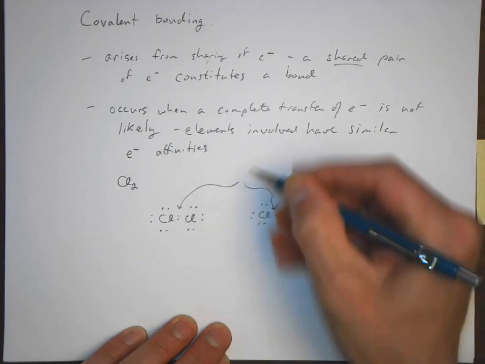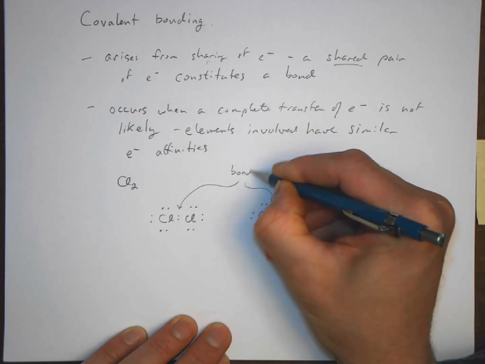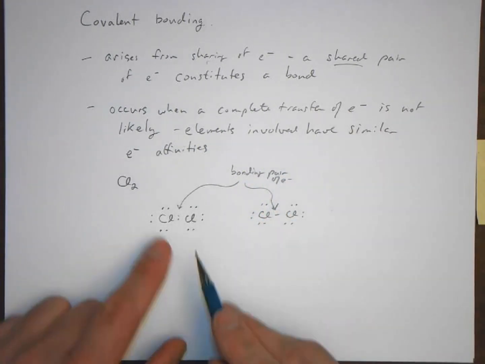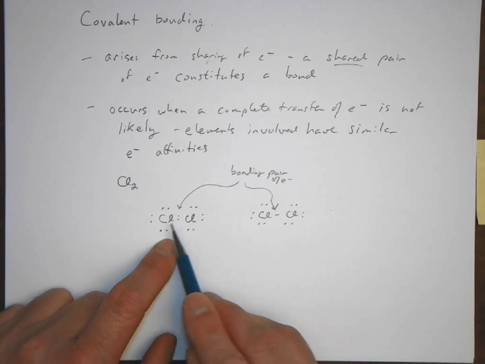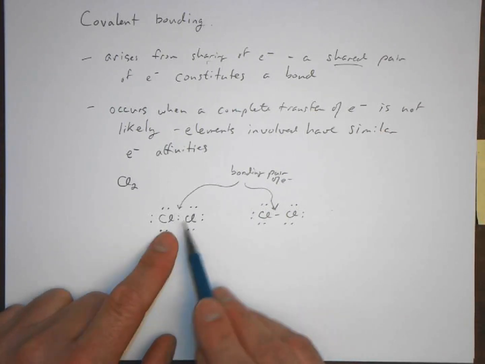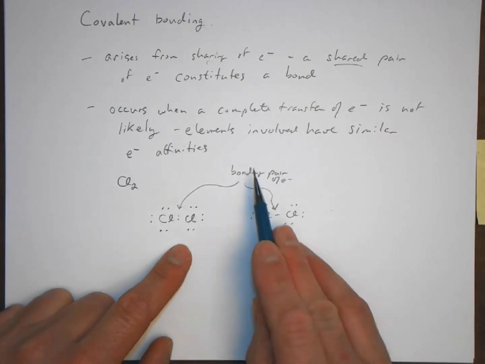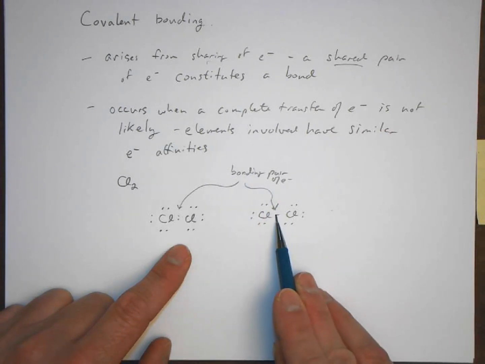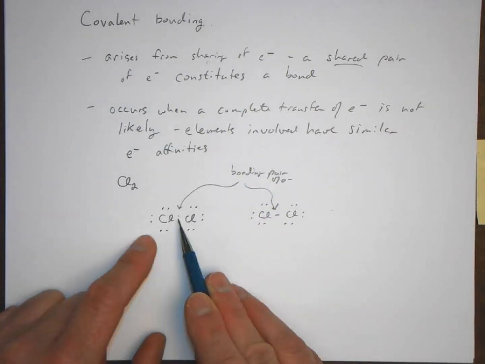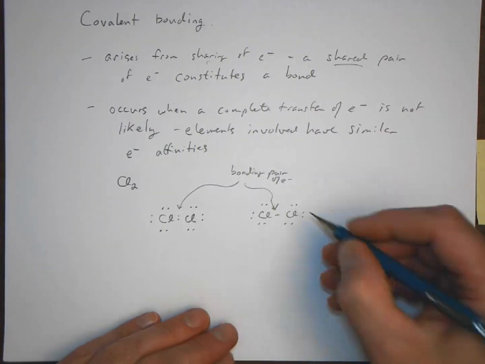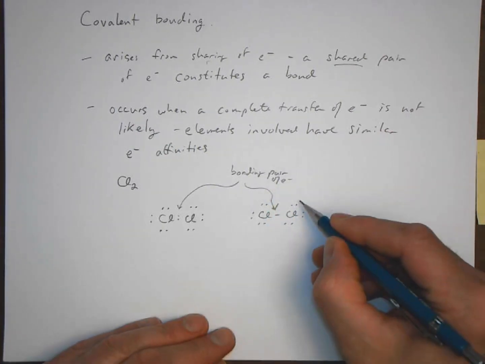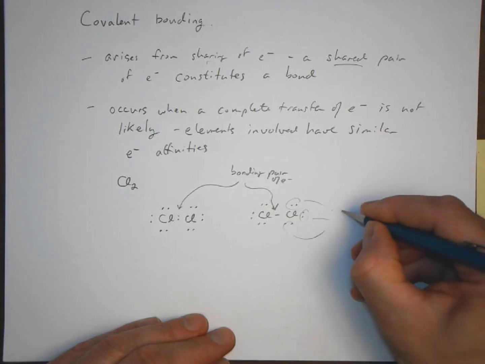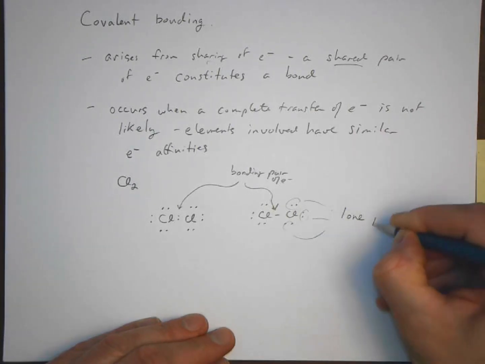Right here, we have a bonding pair of electrons, and the bonding pair of electrons is between the atoms that are bonded together. Oftentimes, we'll show a bonding pair of electrons with a line rather than two dots. But anyway, these are called bonding pairs of electrons. These electrons here are examples of what are called lone pairs of electrons.